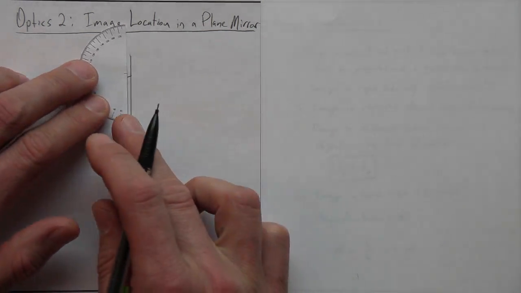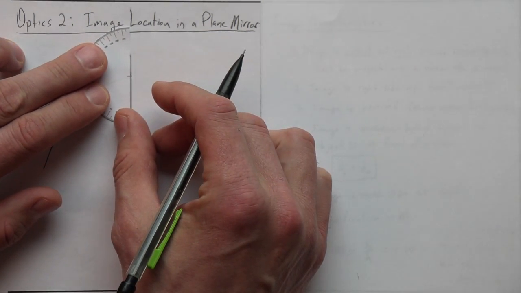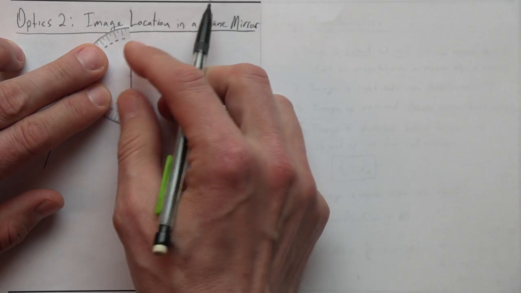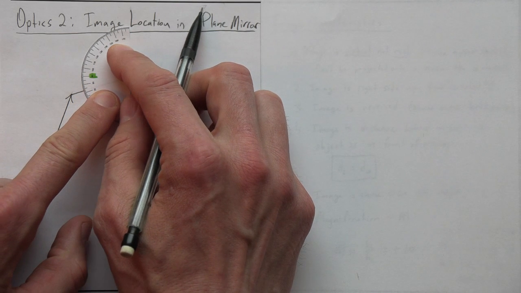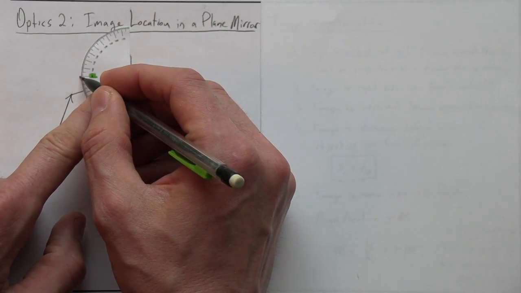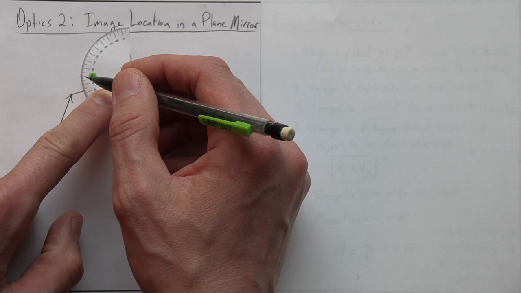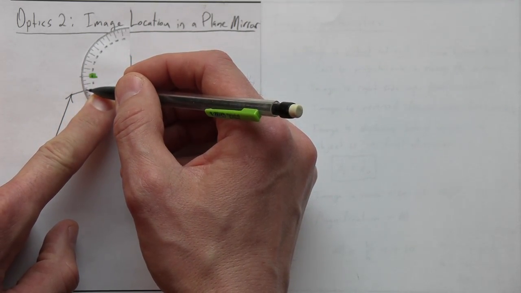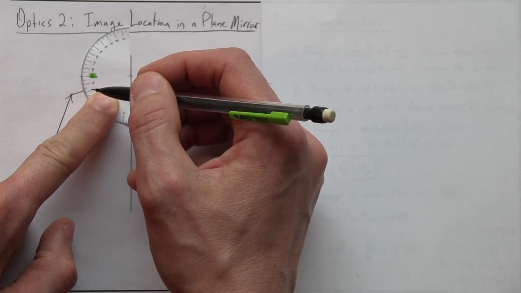Now I'm going to apply the law of reflection to that ray, which hit right there. And so I line my protractor up best I can, and I make a mark for the normal. And then I count out the degrees, 10, 15, looks to me like it's about 17 degrees.